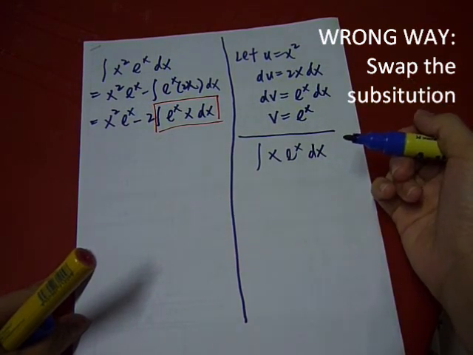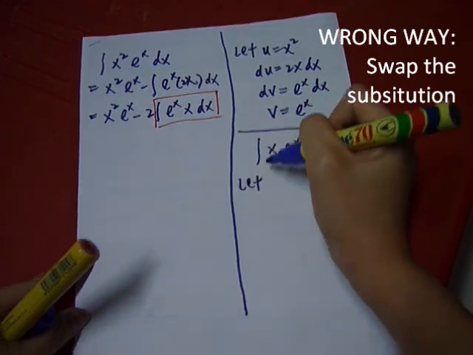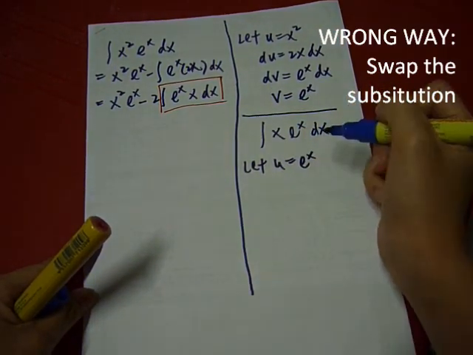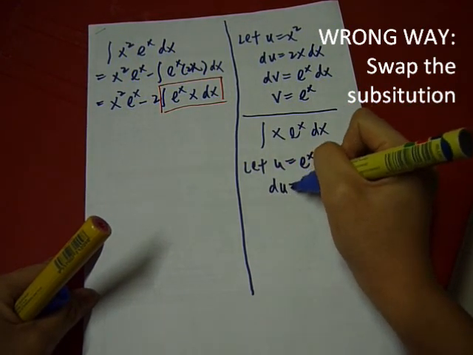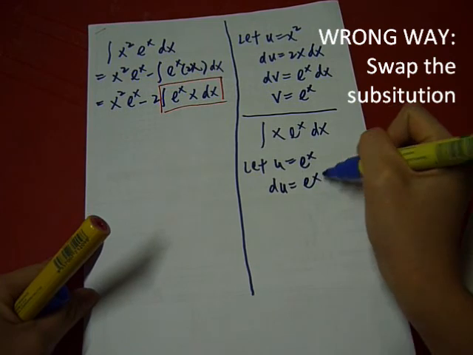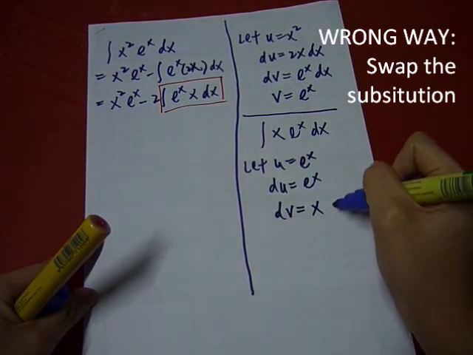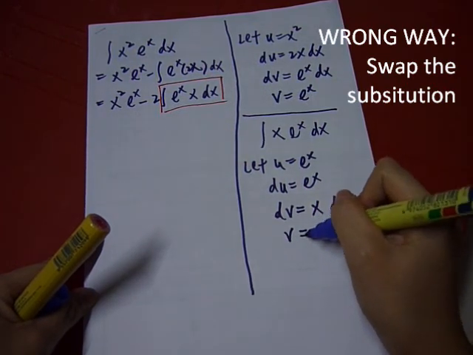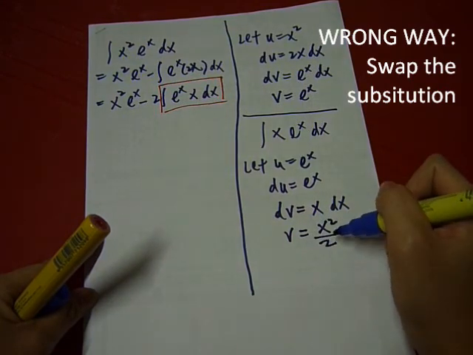And then we try to swap the substitution. Let u equal e^x and then differentiating u, we will get e^x. dv equals x dx, and integrating it, we will get v equals x squared over 2.